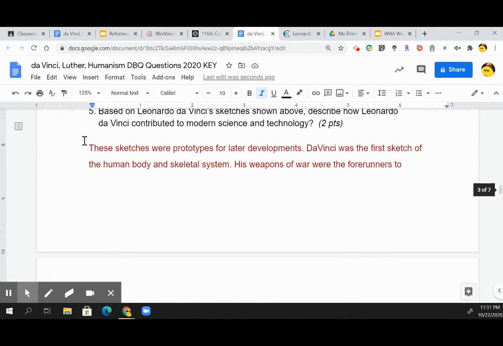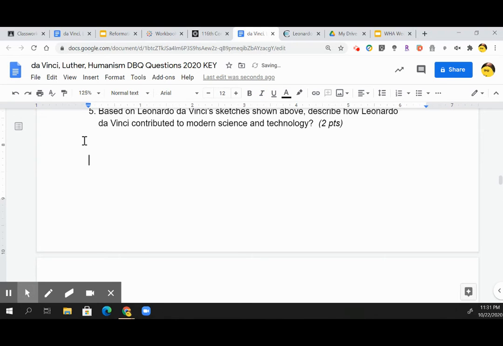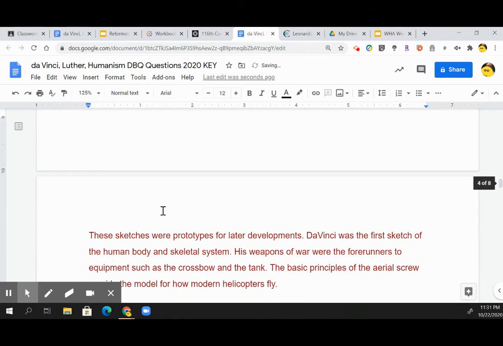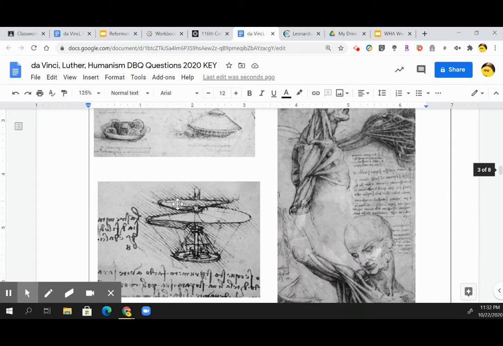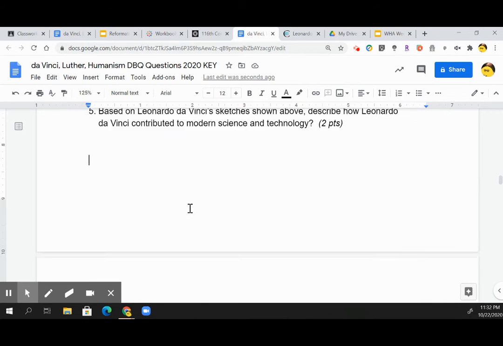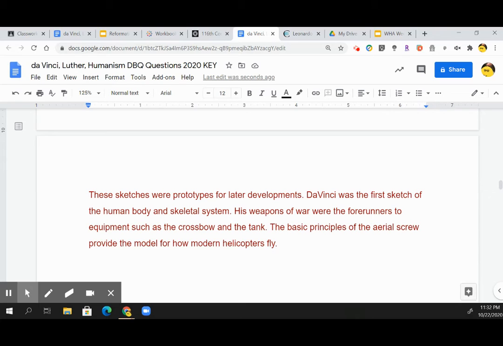So again, looking at this question, it asks you, how does Da Vinci contribute to modern science and technology? These sketches were prototypes for later developments. That's the way he's contributing to science and technology. Da Vinci was the first to sketch the human body and the skeletal system. Weapons of war were the forerunners to equipment such as the crossbow, the catapult, and the tank.